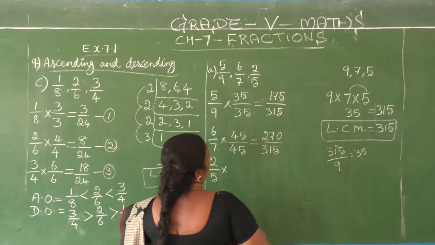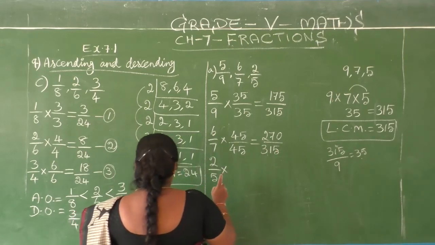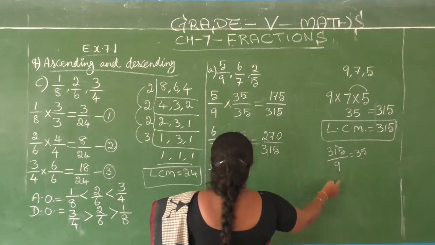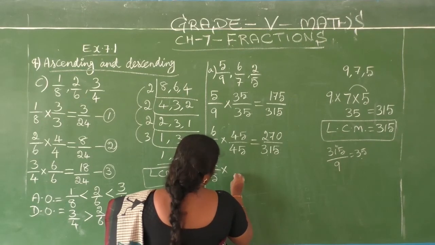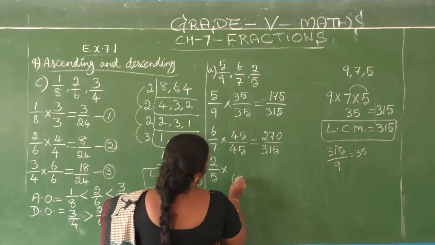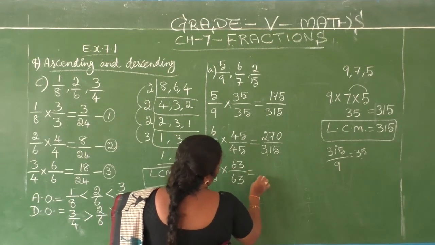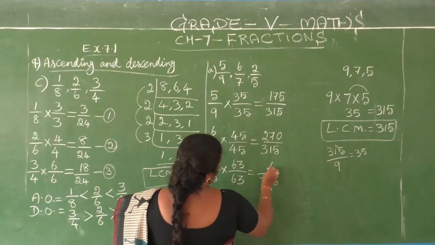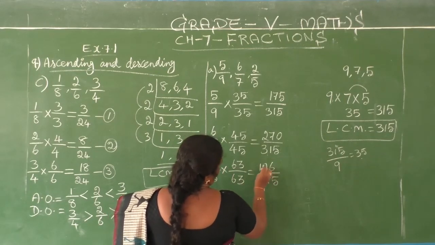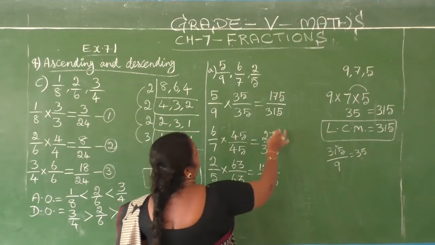So 270 by 315. For this number also, you can divide 315 by 5. Already I worked it out, so it will come 63 times. 5 63s are 315. 2 3s are 6. 2 6s are 12. So 126. Now all the denominators are the same.